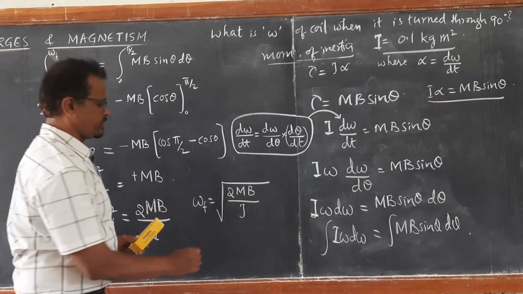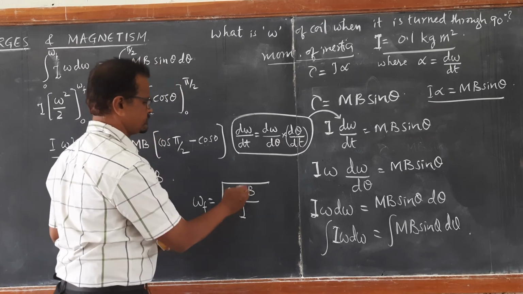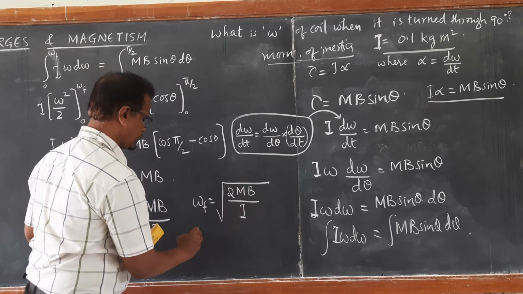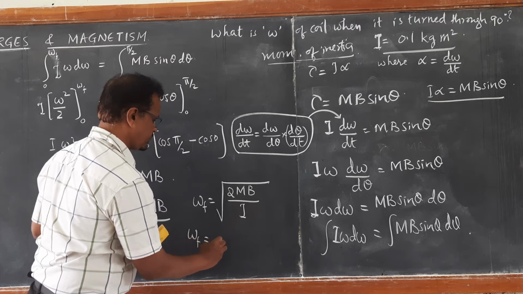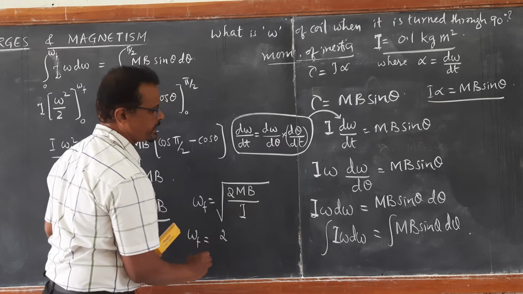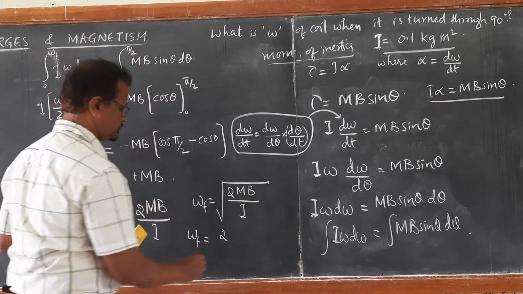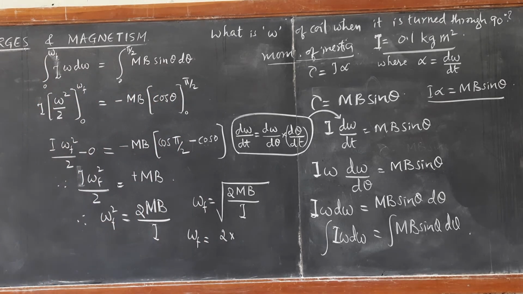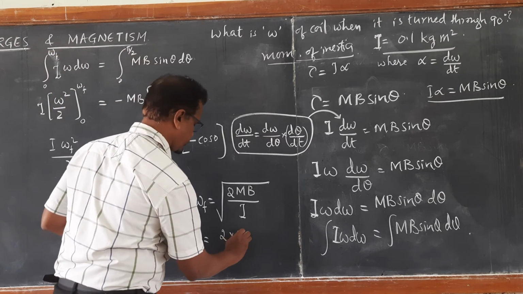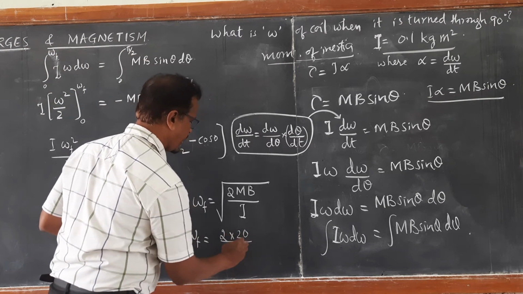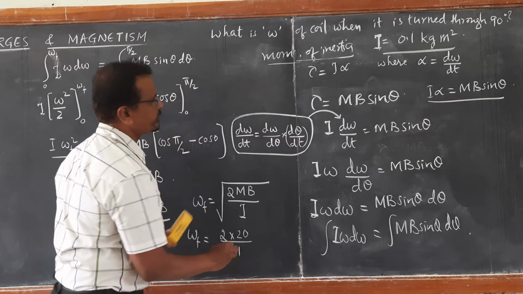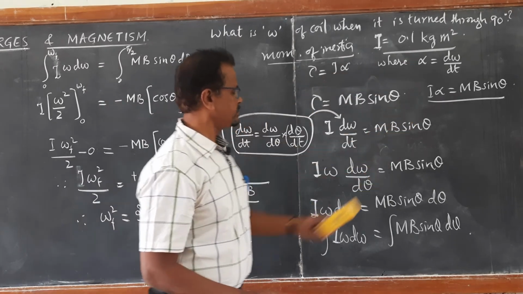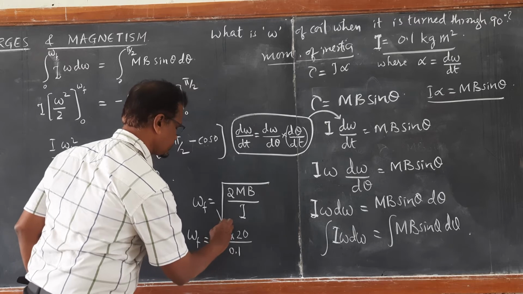So just substitute the values of I, m and B. We got mB already, the value is 20, so 2 into 20 divided by I, which is 0.1 kg meter square, square root of this.